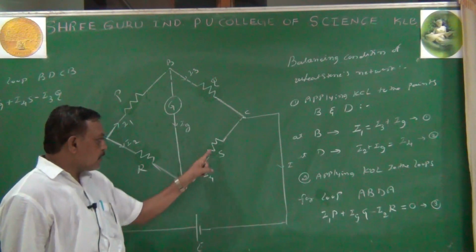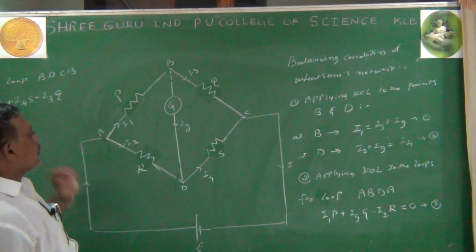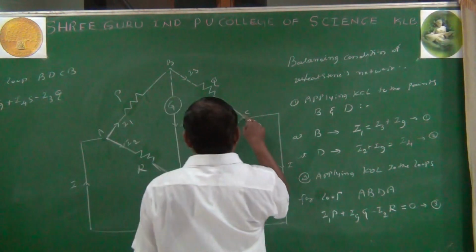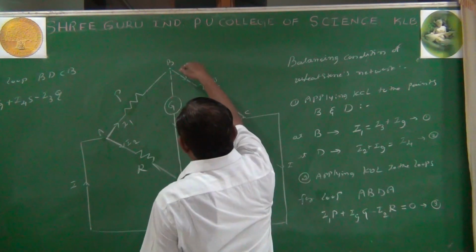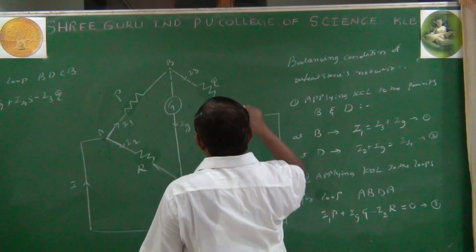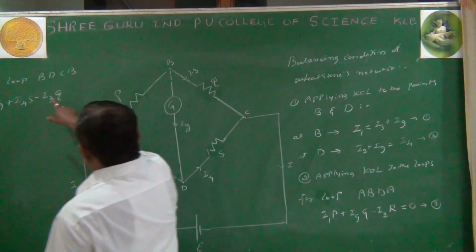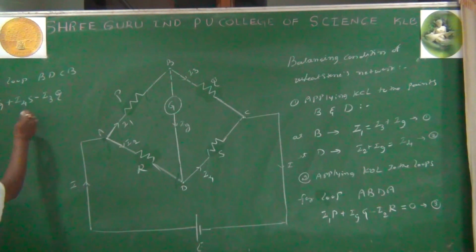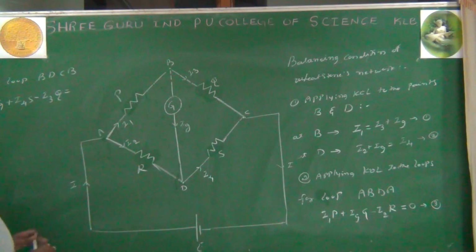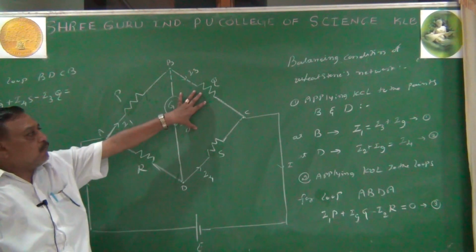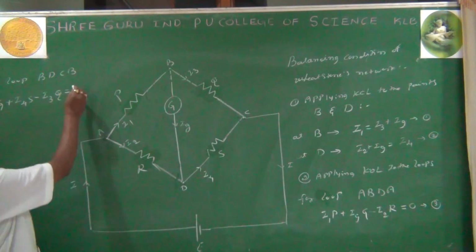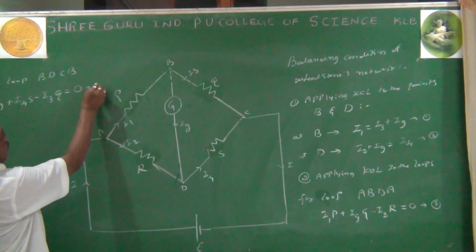Hence, the IR product is taken as positive, I4 into S. The last point, from C to B. I am moving from C to B, but the current is opposite to the direction of my motion. Hence, the IR product is taken as negative. Then the sum of IR product equals the sum of EMF. Do you find any EMF here? No. Hence, no EMF is applied for this loop. Hence, 0. I call this equation number 4.